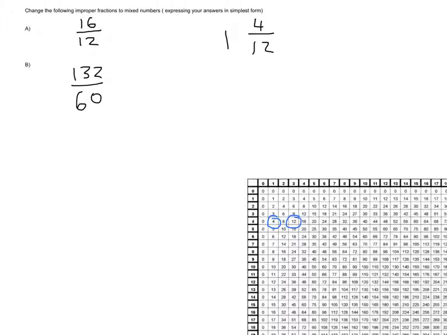So the numerator and the denominator are in the same row, which means that the number 4 goes into both numbers equally. So 4 divided by 4 is 1, and 12 divided by 4 is 3.